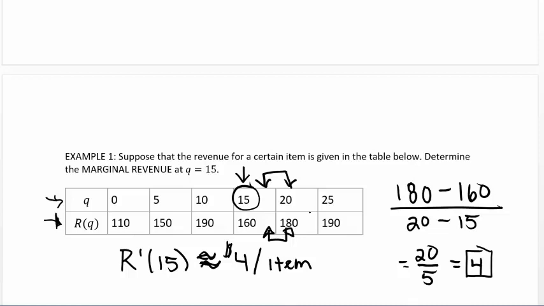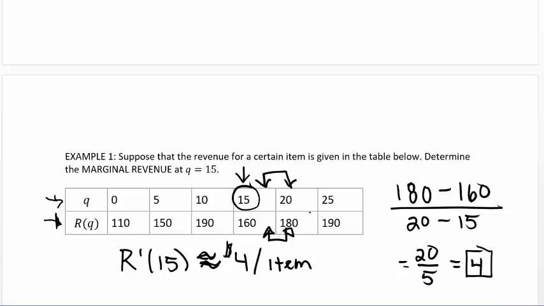So if I was going to try to approximate how much revenue I would have at 16, right, R of 16, I could add $4 to the 160 because for every increase of 1 in quantity, I'm expecting my revenue to increase by $4. So that's what it means at $4 per item.